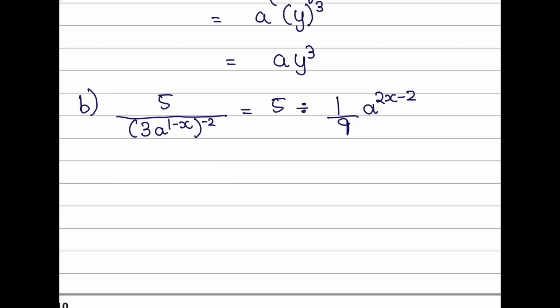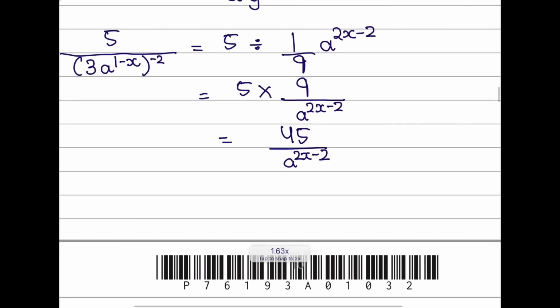Now, remember fraction division, I can just multiply, so 5 into 9. And this one would come down because it's in the numerator, so a raised to 2x minus 2, which is 45 over a raised to 2x minus 2. After that I can again simplify this and write it as 45 divided by a raised to 2x over a squared.